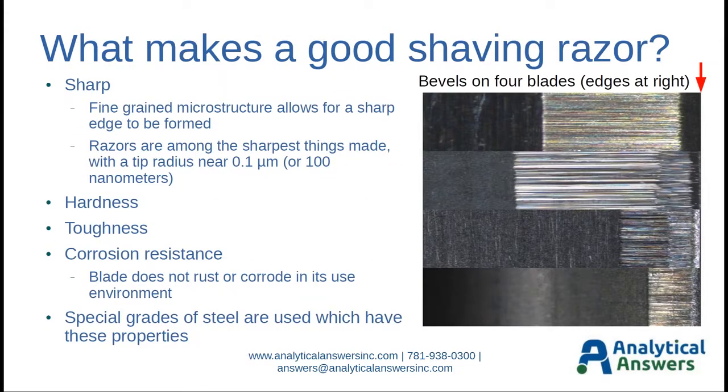So let's talk about what makes a good shaving razor. Well, I think it goes without saying, but I'll say it anyway, that they have to be sharp. But how can they be made so sharp? Well, they have a very fine-grained microstructure, which allows the blade to take a very fine, very sharp edge. If you had an inappropriate, very coarse microstructure, it might not be able to be honed to quite that same edge.